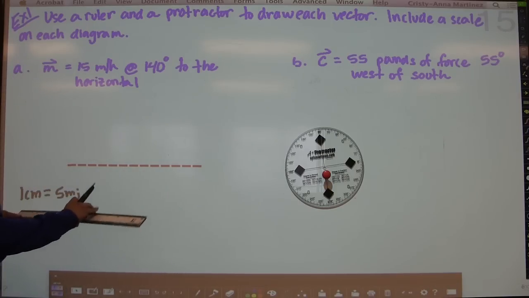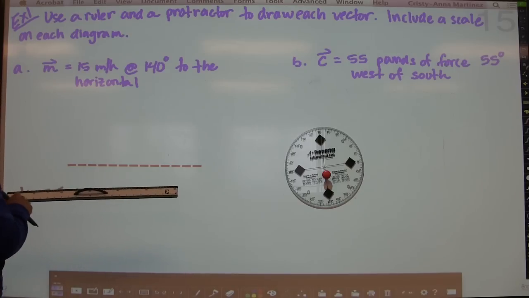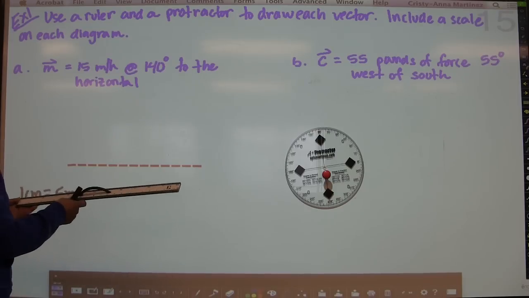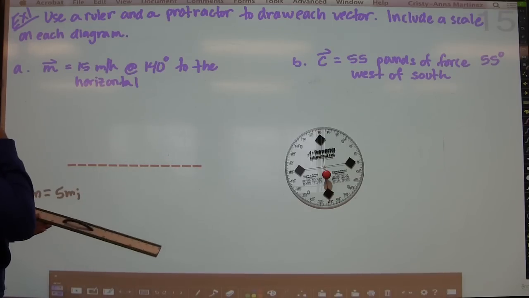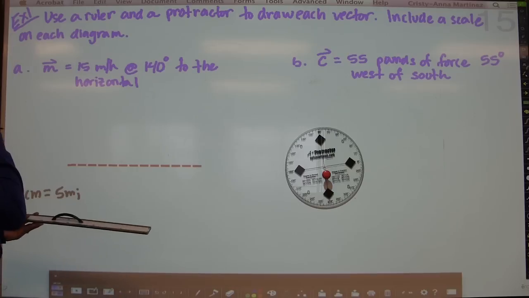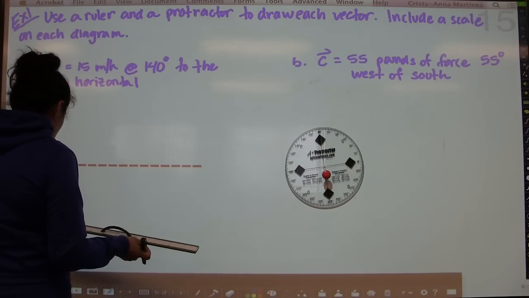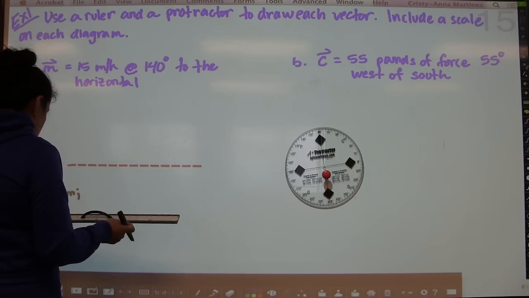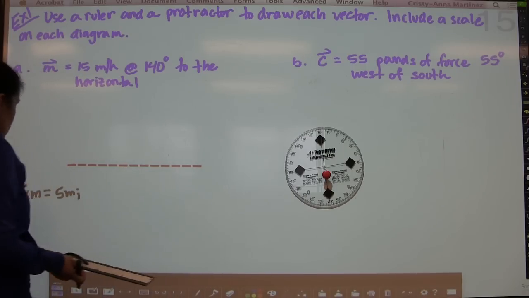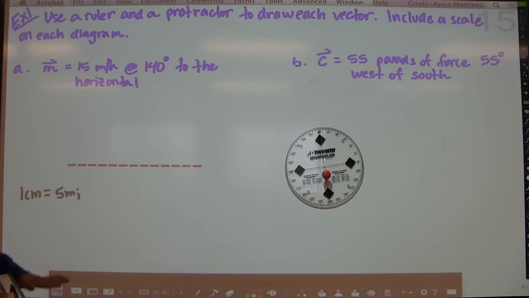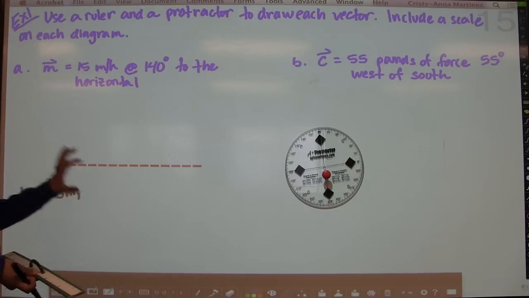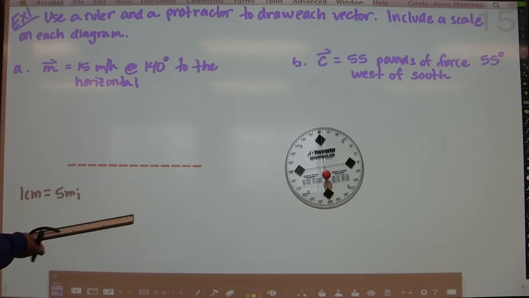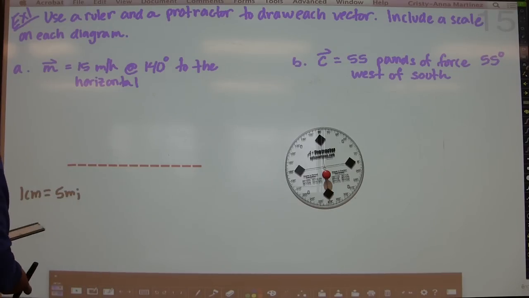I have my centimeters on my ruler here, 1, 2, 3. I'm going to use inches on the board because centimeters are too small. You can use centimeters because on your paper, centimeters is going to be perfect. The board is obviously much bigger than your paper. But keep in mind that that's kind of what it means by including the scale.